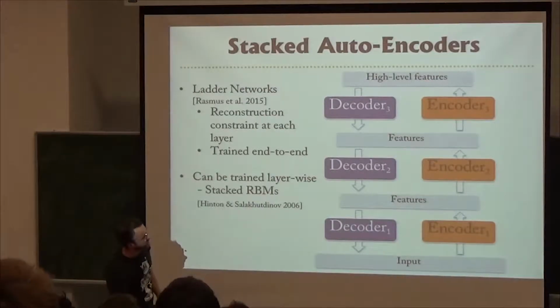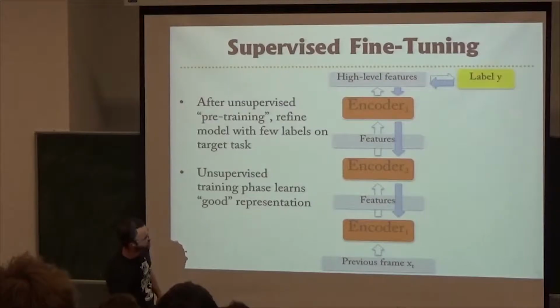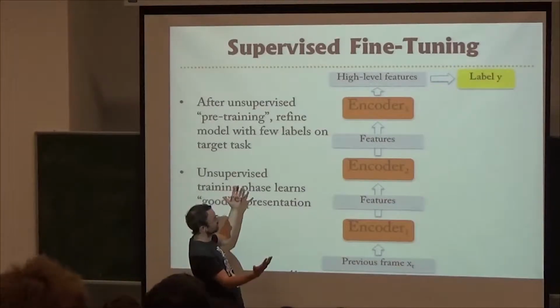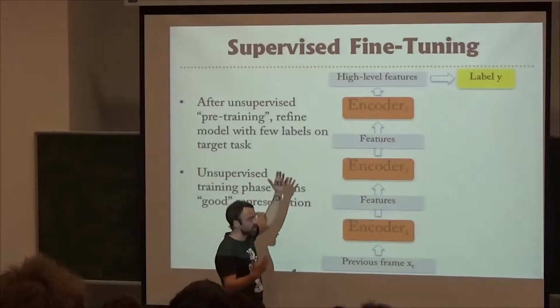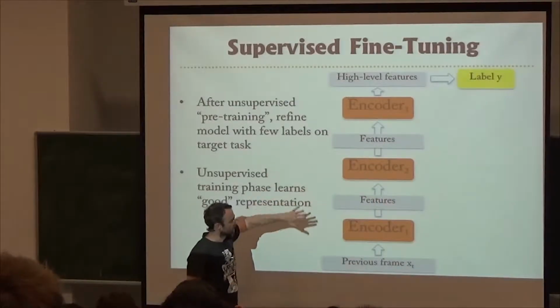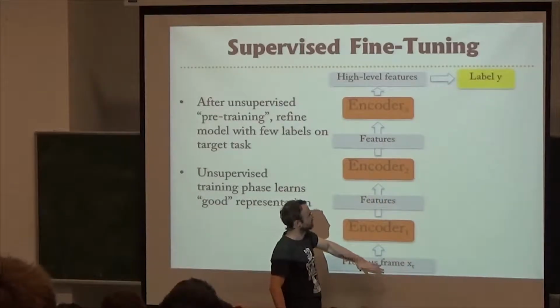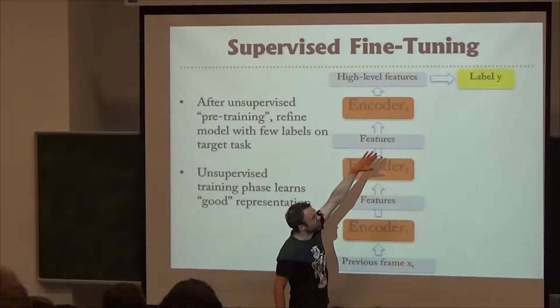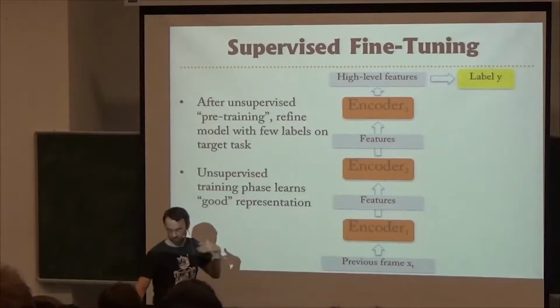And then, if you want to fine-tune on the target task and you have a few labels available, you could take your frames and pass them through to make some prediction about the label, compare that to the ground truth, and get some error.